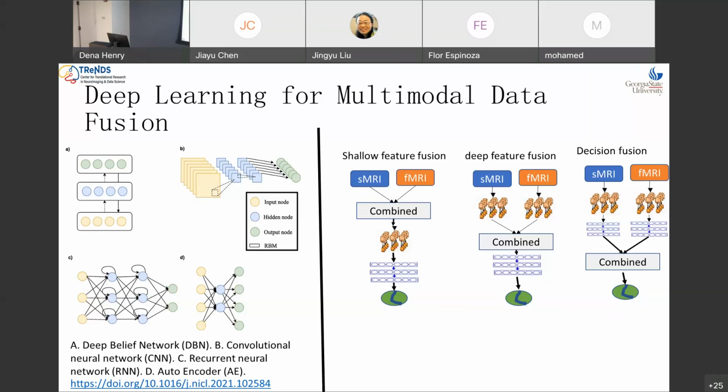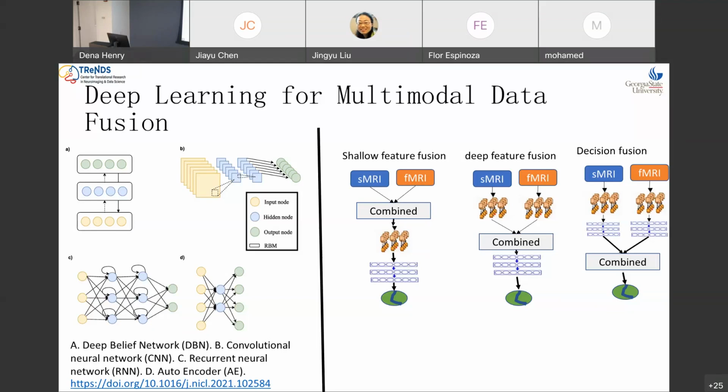If we have fusion of structural MRI and EEG, you may want to have domain- or modality-specific features extracted first. Then at the higher level you can combine them. We get the features from EEG and from structural MRI, and because they represent the same brain regions, we can combine them together. That's deep feature fusion. When the features are combined, we can at the end do the classification or regression model.